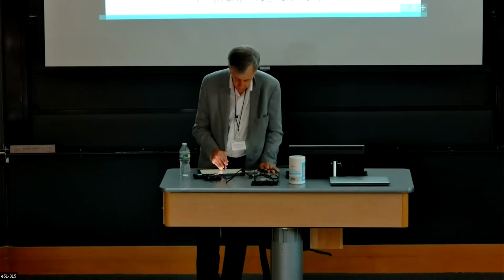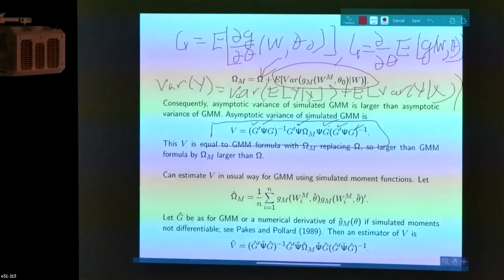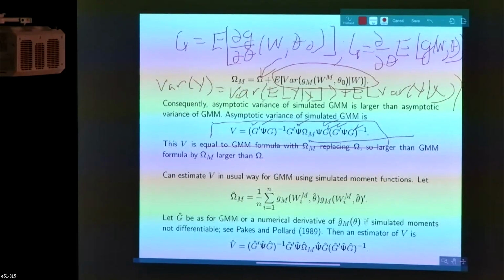And so the asymptotic variance of simulated GMM looks like this. G is the same. The weighting matrix shows up in the same way. Those are all the same. But then in the middle, you have omega m, which is bigger than or equal to omega. So having to use simulated moments increases the variance relative to GMM.